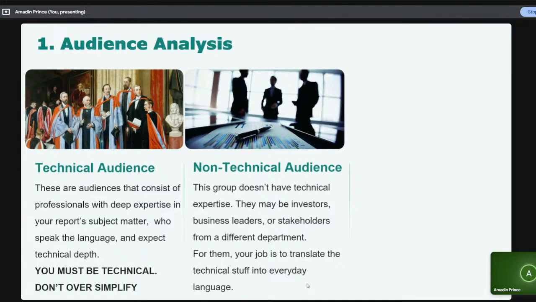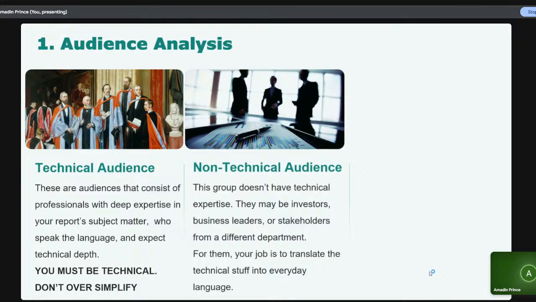Now we'll move on to the second one, which is the non-technical audience. These are those that don't actually have expertise in the subject matter of your report. They might not even know anything regarding it, nor what to do about it. Examples include investors, shareholders, business owners. Those people are not concerned about the technical details.